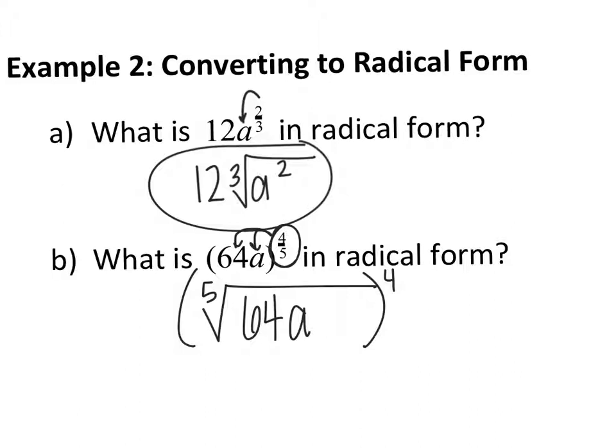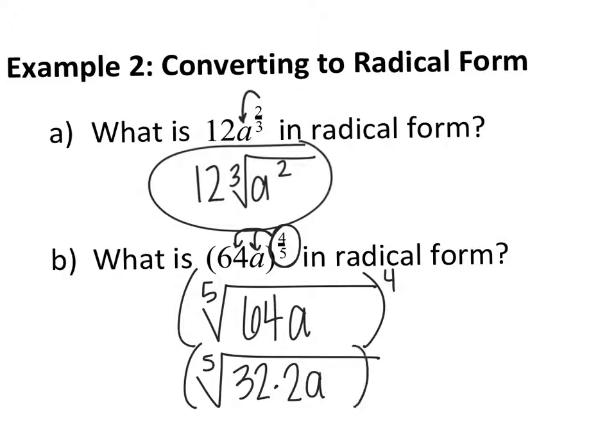There's not a whole number that you can multiply by itself 5 times to get 64. But if you do 2 to the 5th power, you do get 32, and 32 times 2 is 64. So we're going to rewrite that as the 5th root of 32 and 2a to the 4th power. And I just told you that the 5th root of 32 is 2. We're going to bring it out front.